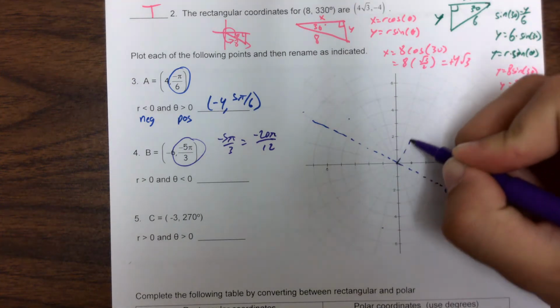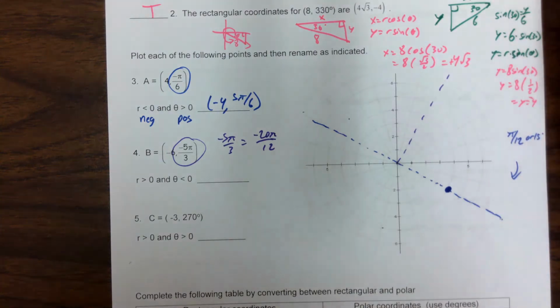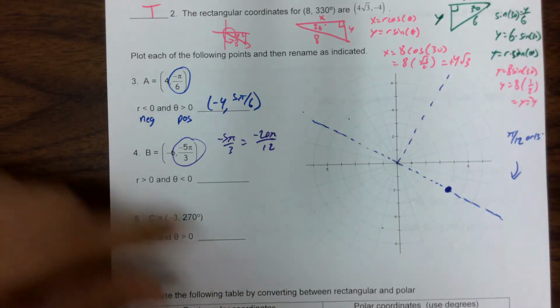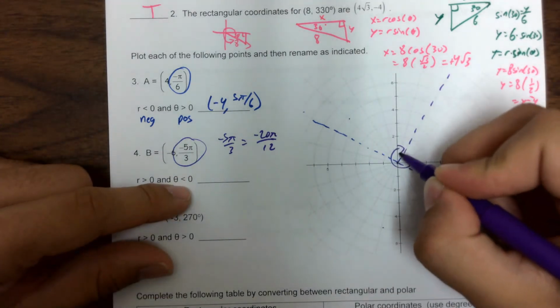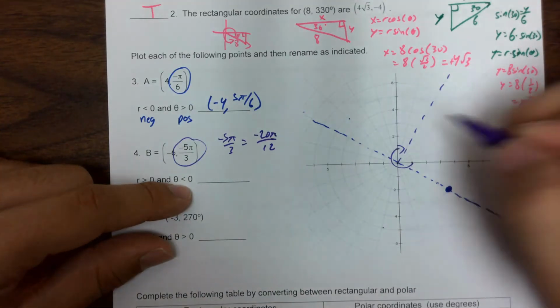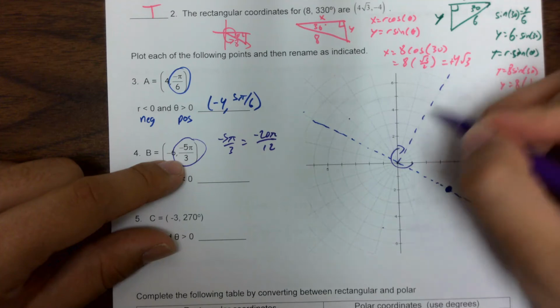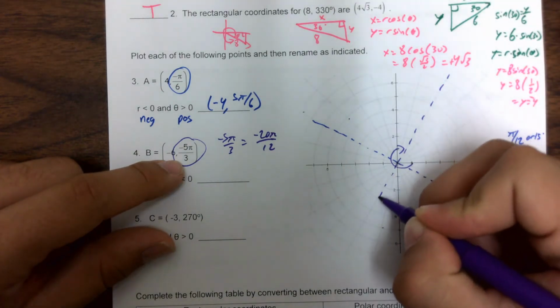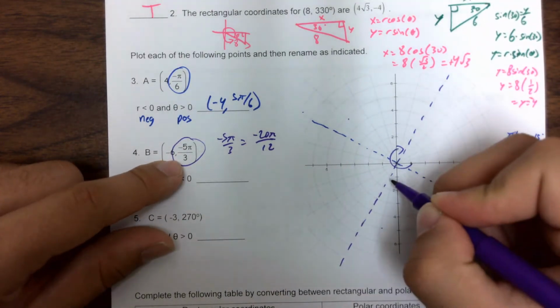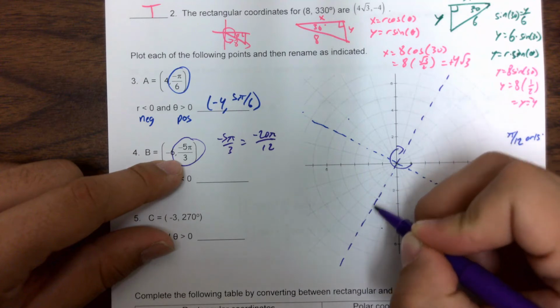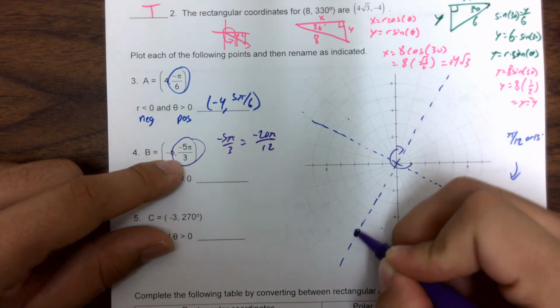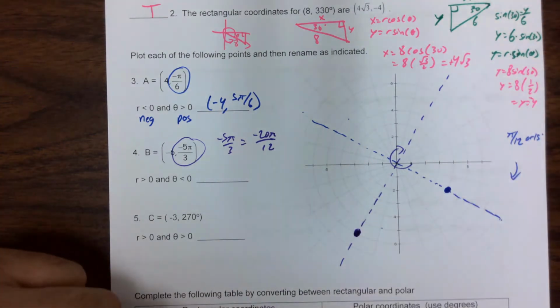So it's somewhere on this line. That would be that angle, negative 5π/3. But then it's negative 6. So instead of going out in this direction, I'm going to extend the line the other direction and go out 6. 1, 2, 3, 4, 5, 6. So that point right there.